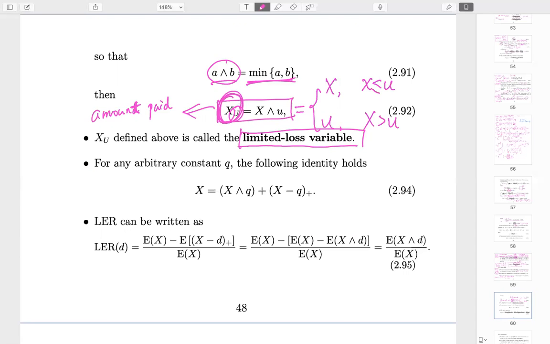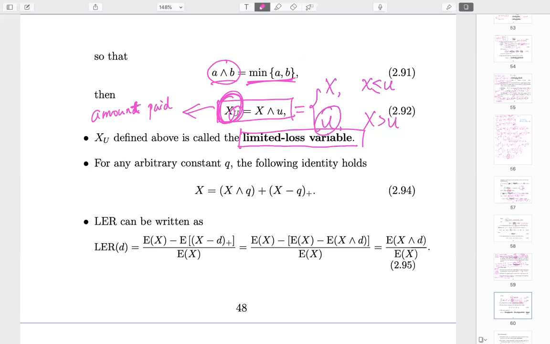Again, it's somehow easy to understand, right? It's called limited. It's limited up to this number. So for the insurance company, if they underwrite a policy with a limit, they have a better idea of the cap, the maximum loss they will suffer. If they do not introduce a limit, the payment can theoretically go to infinity, or to a very, very big amount, right?